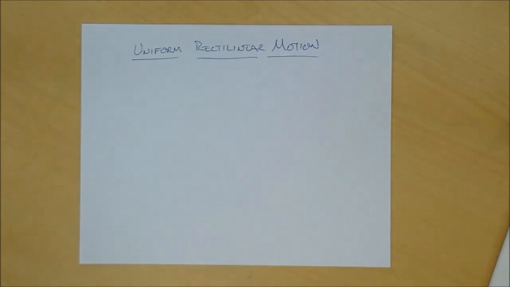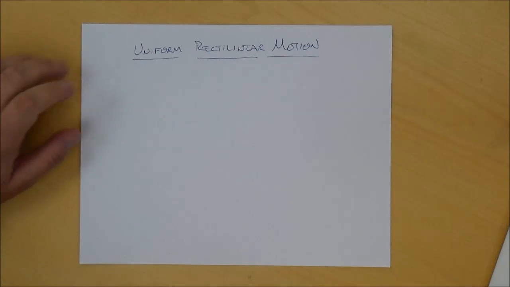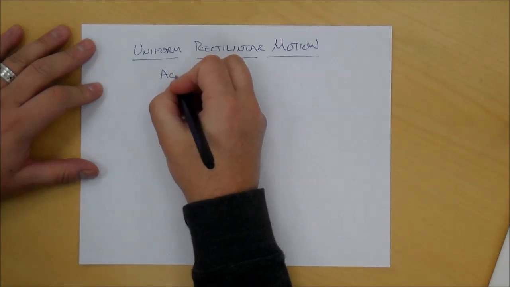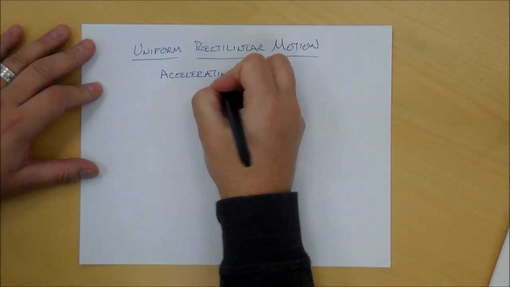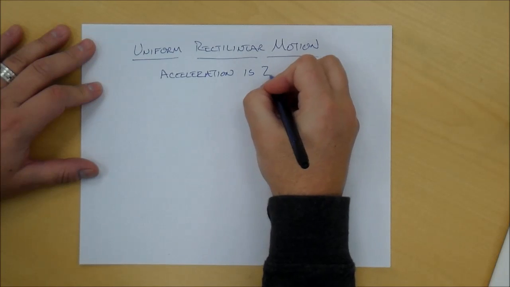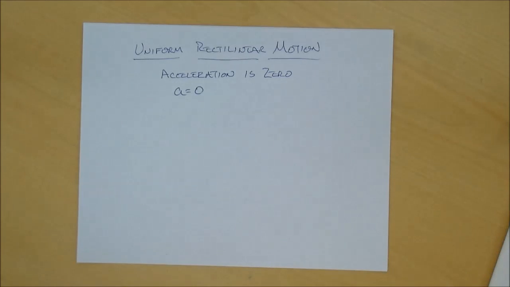So again, rectilinear motion is motion in a straight line. Uniform rectilinear motion refers to the specific case where the acceleration is equal to 0, or a is equal to 0.